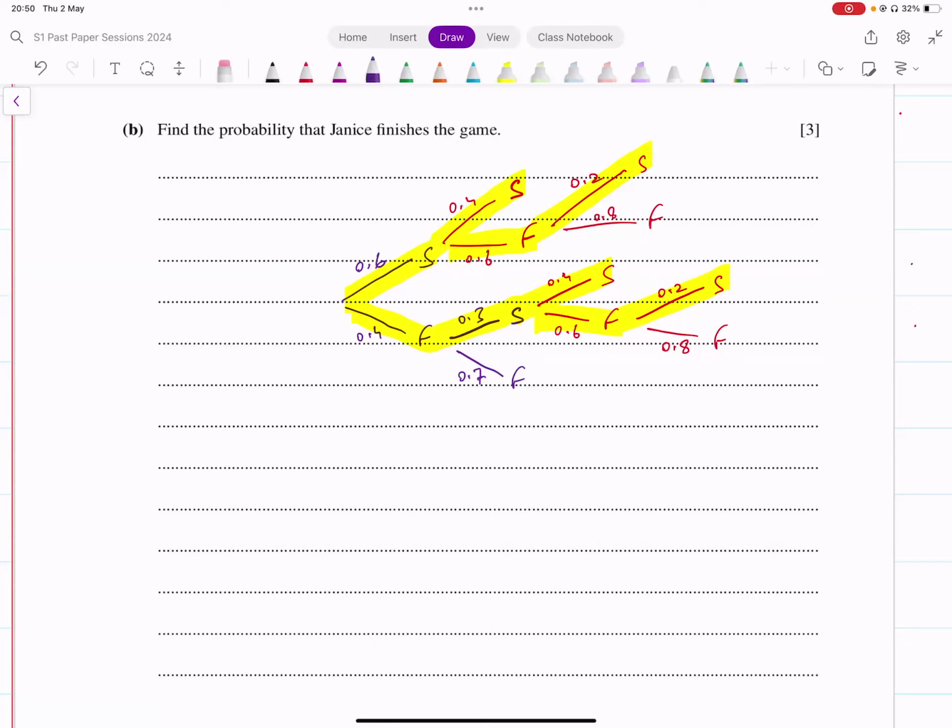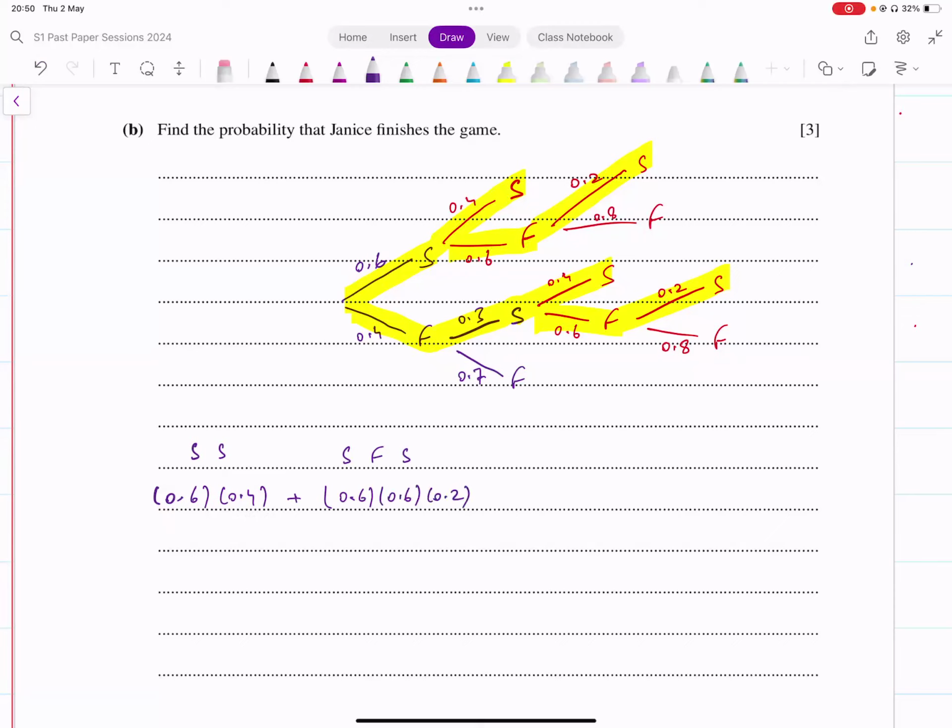Let's see what this turns out to be. Let's look at the first path here. That's 0.6 into 0.4. Let me write that alongside here as well. The first part is that she's successful and successful. Then the second part, she's successful in the first level, then fails, and then is successful. What's that probability? 0.6 into 0.6 into 0.2.